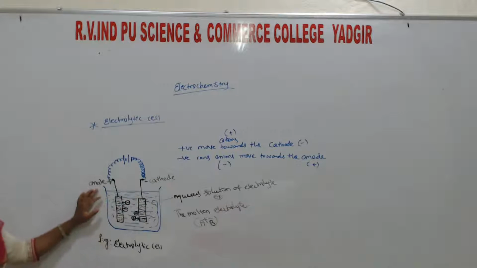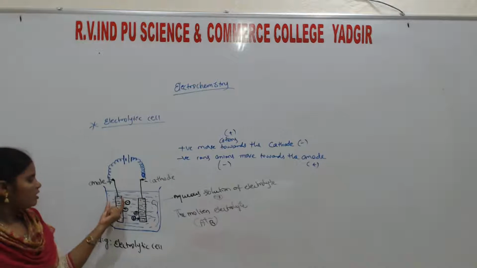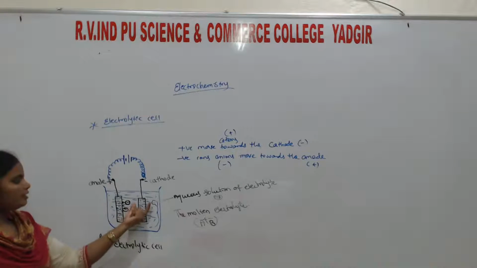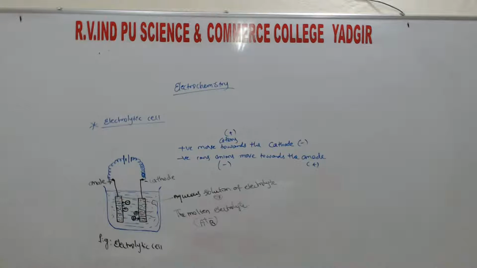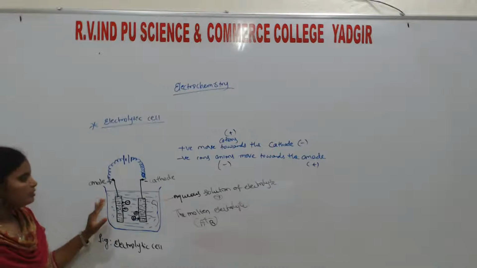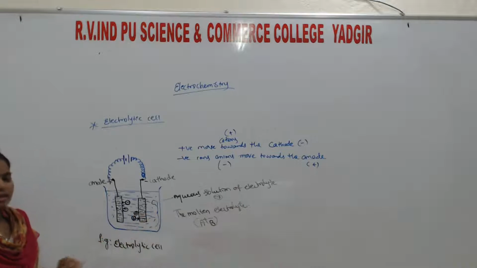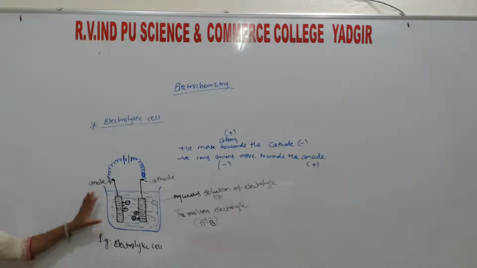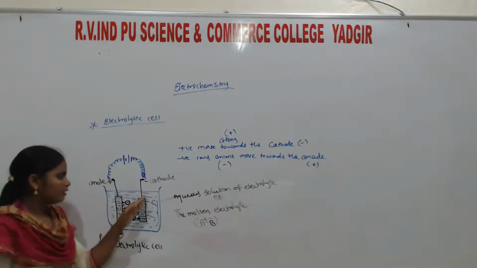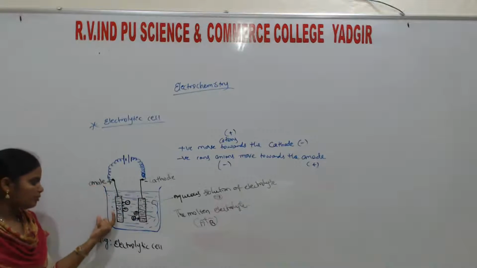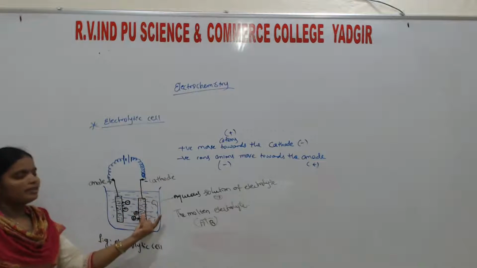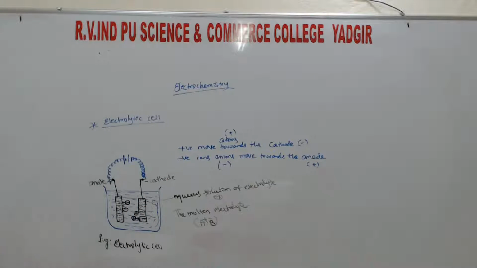At the anode oxidation takes place and at the cathode reduction takes place. Oxidation means loss of electrons, and reduction means gain of electrons. The reduction reaction is the opposite.